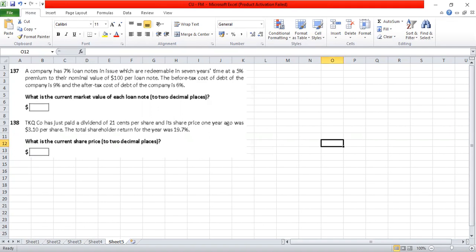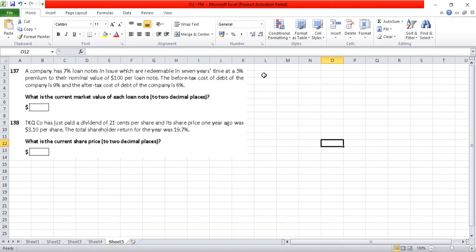Any clue how we can solve? What is the interest? The company has 7% loan notes in issue which are redeemable in 7 years' time at a 5% premium to the nominal value of 100 per loan note. We have the before tax cost of debt. We also have the after tax cost of debt.